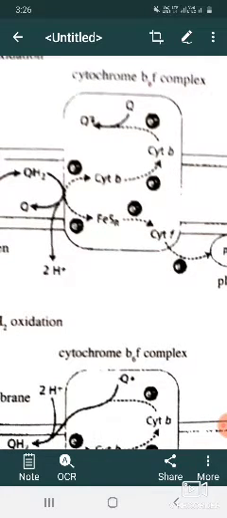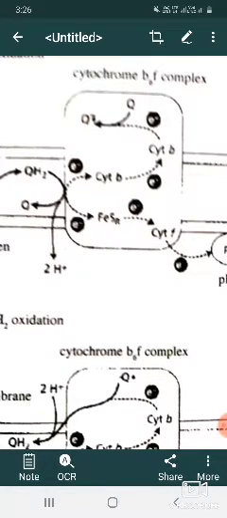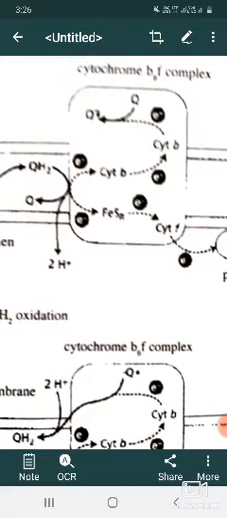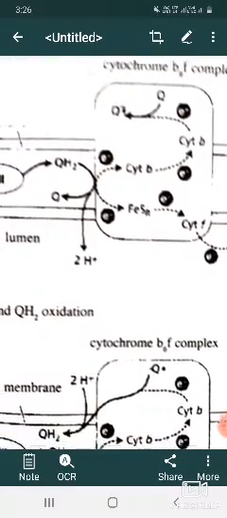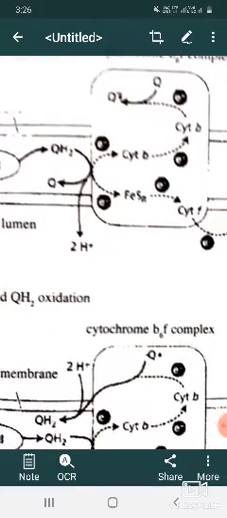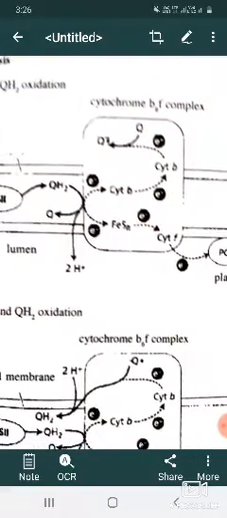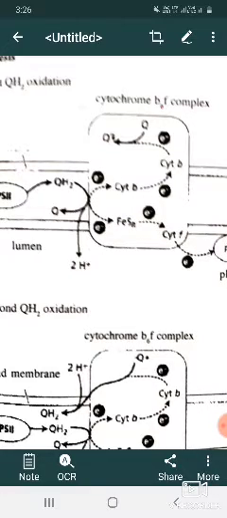In the reduced ferredoxin, electrons reach NADP plus, and at that time protons are taken from the stroma. The enzyme ferredoxin NADP reductase is present on the surface of the thylakoid membranes towards the stroma.